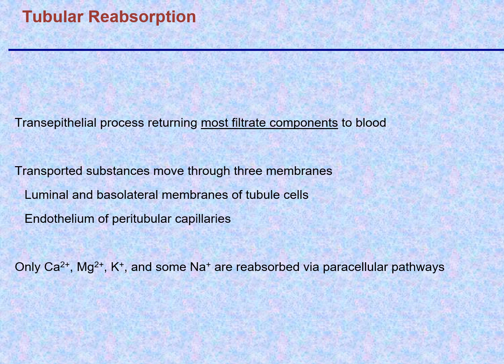The vast majority of the filtrate gets reabsorbed from the tubular system back into the blood. That reabsorption occurs from the tubular system into the peritubular capillary bed, the second capillary bed after the first one, the glomerulus.